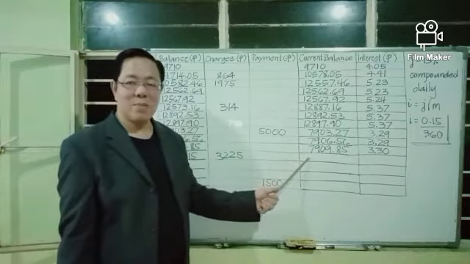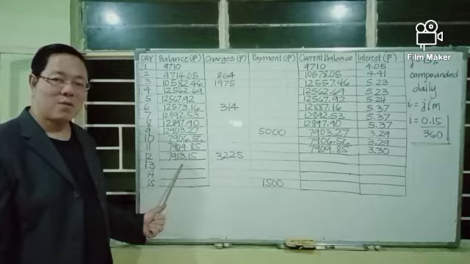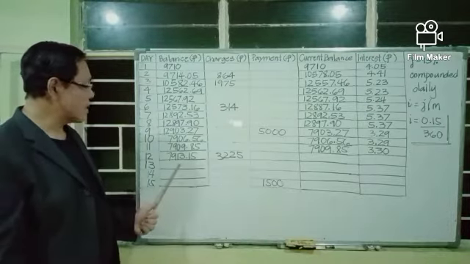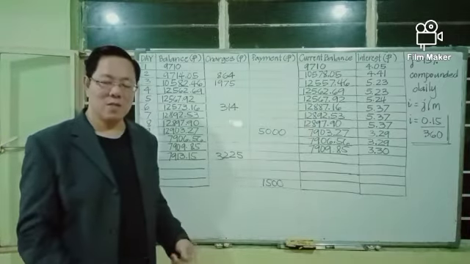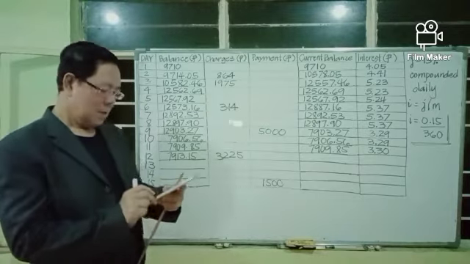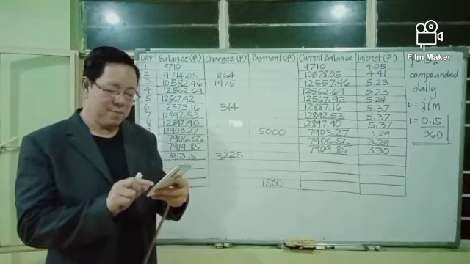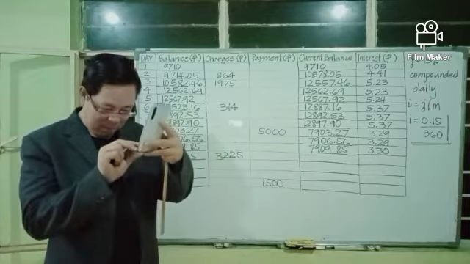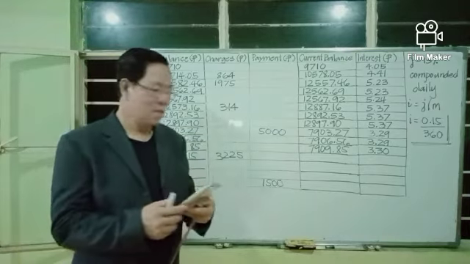Therefore, the balance at the end of November 12 is equal to the sum of this balance at the beginning of November 12 plus the charges of this amount on her credit card. 7,913.15 plus 3,225 pesos. And the sum is 11,138.15.